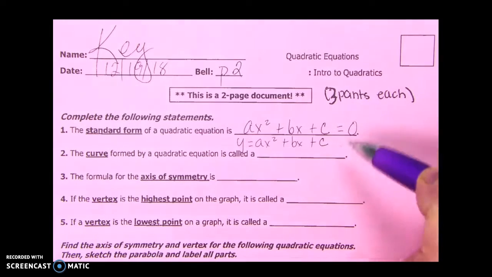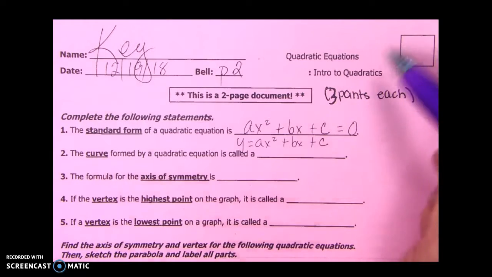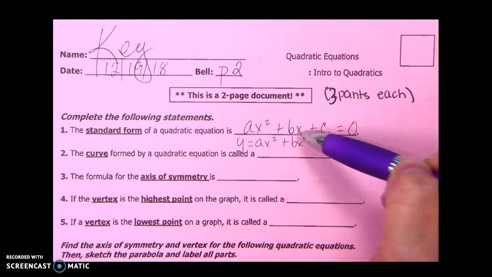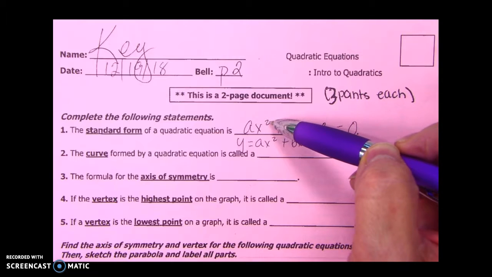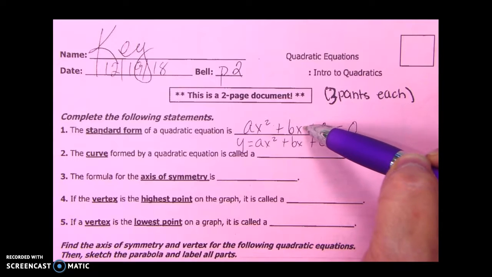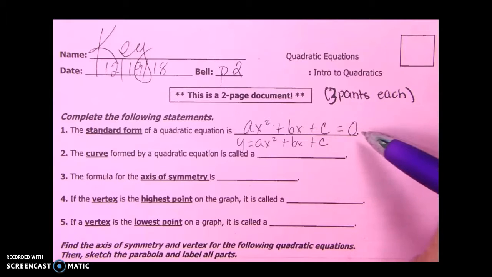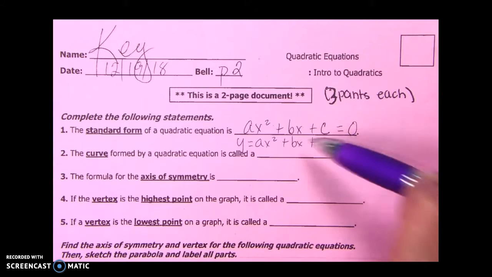Okay, the reason this is standard form is because the exponents are in order of descending value. So this is x to the second. So this 2 here goes first because this x over here is x to the first. We don't write the 1 there. It's just like all those invisible ones that we have in math. We don't write them, but they are still there.